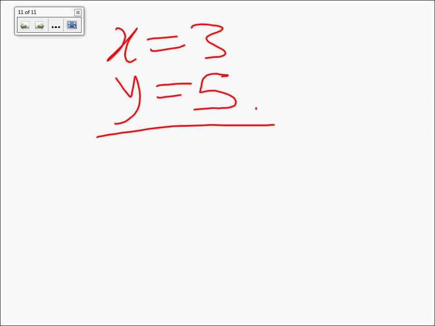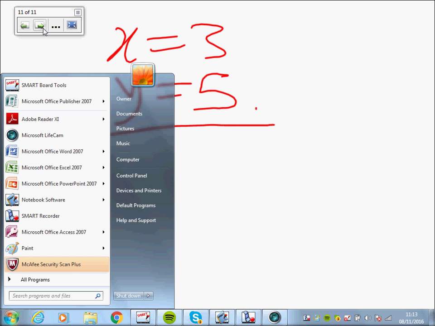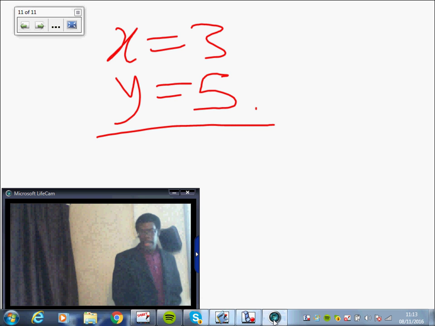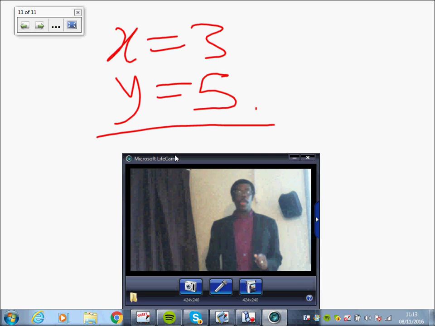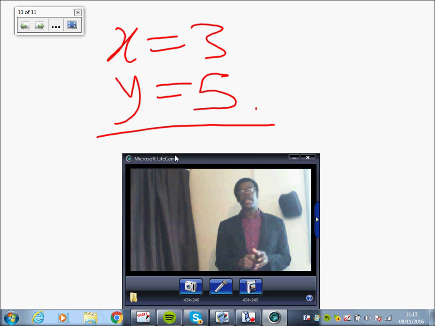The key point to understand about a system of simultaneous equations is you have to identify between these two equations which terms you're going to eliminate first, and then after you've worked out the value of one variable, you can use it to substitute in either of the equations, because it's important to understand that when the word equation is used, it means it is equal on the left side and on the right side.